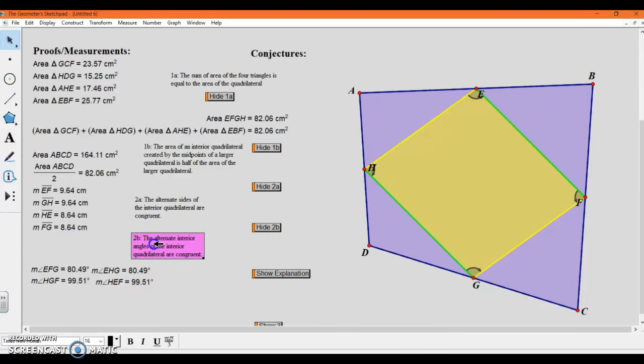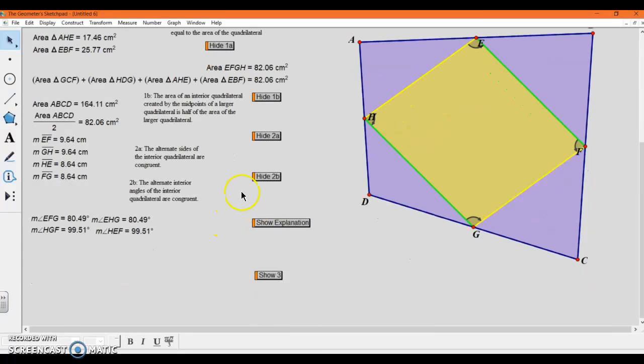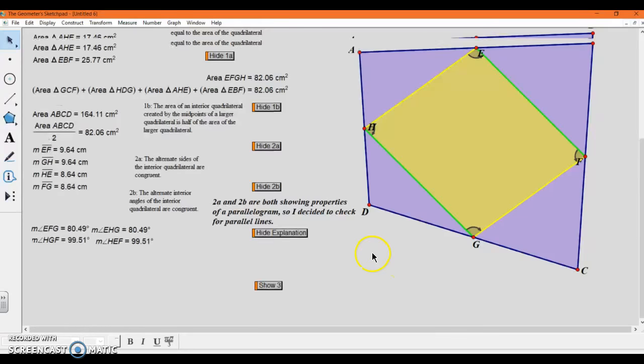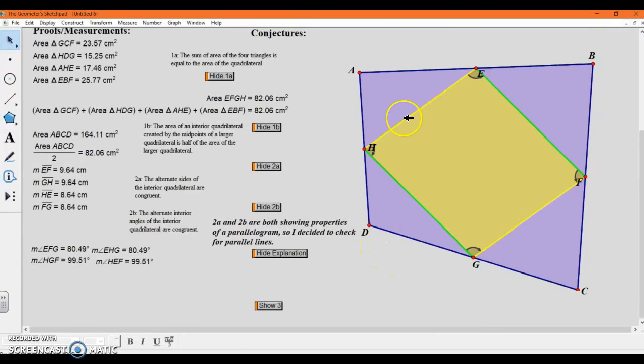So the opposite sides of the interior quadrilateral and the opposite interior angles of the interior quadrilateral are congruent. Since both of these observations are showing properties of the parallelogram, I decided to check for parallel lines.